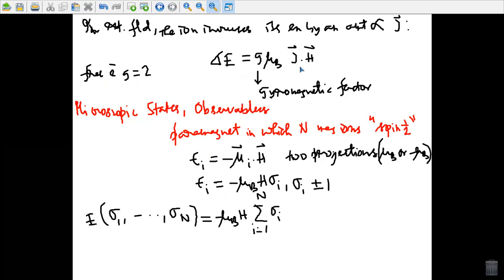Normally it is called the gyromagnetic factor, and it describes the ratio between the magnetic moment of the ion and its total angular momentum. For a free electron, we obtain g equals 2.